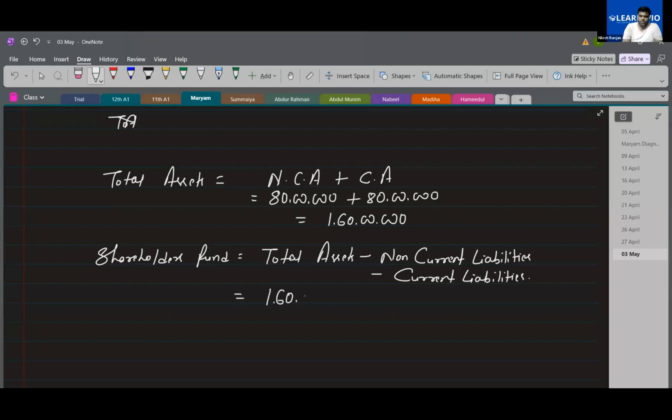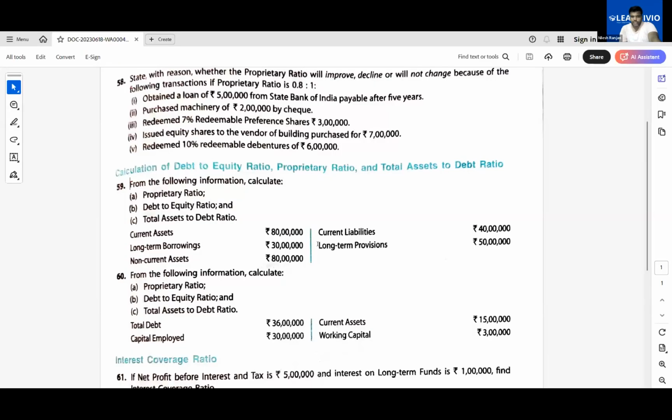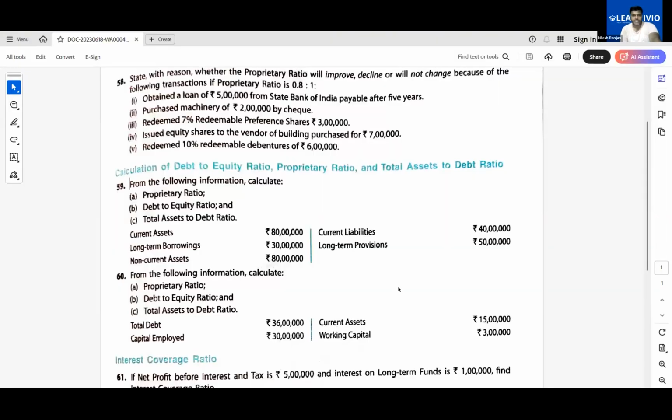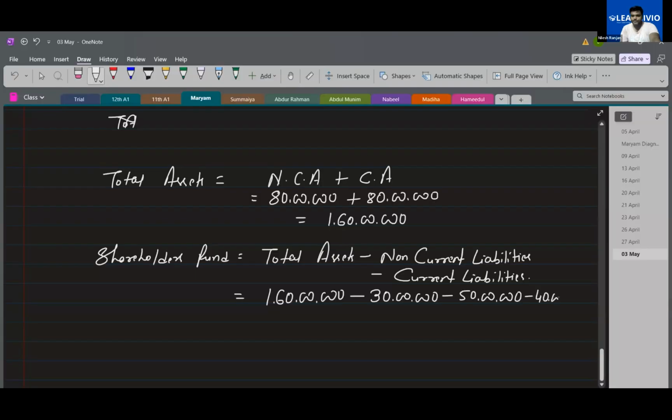So 1 crore 60 lakh minus non-current liabilities. It is long-term borrowing and long-term provision, 30 lakh, 50 lakh. And current liability is 40 lakh. Total will be 30, 50, 80, 120. So shareholders fund will be 40 lakh.